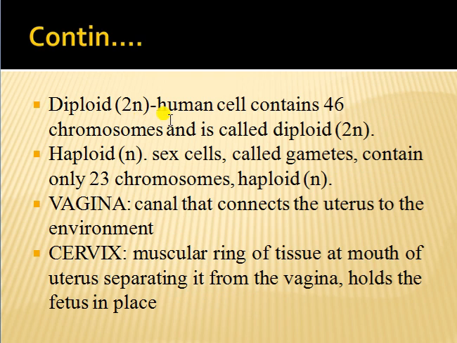A diploid human cell contains 46 chromosomes and is called diploid. Haploid cells, called gametes, contain only 23 chromosomes, so it is called haploid.